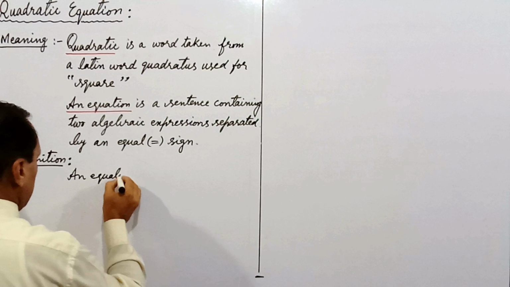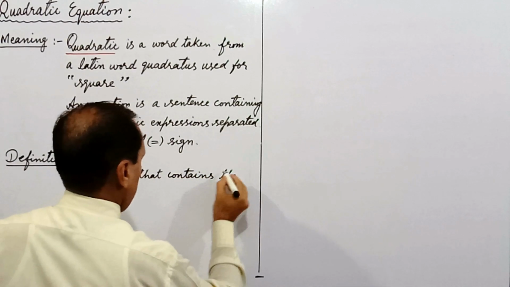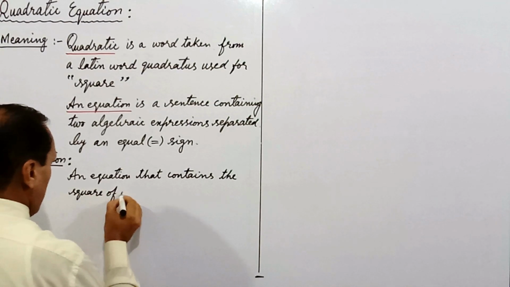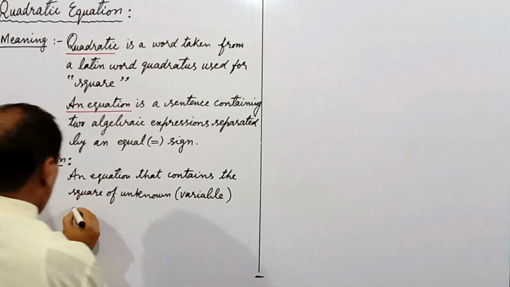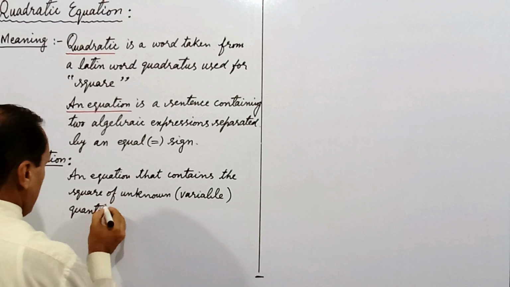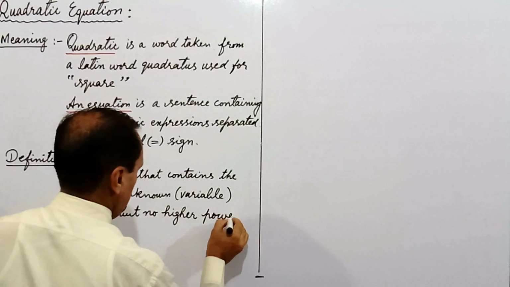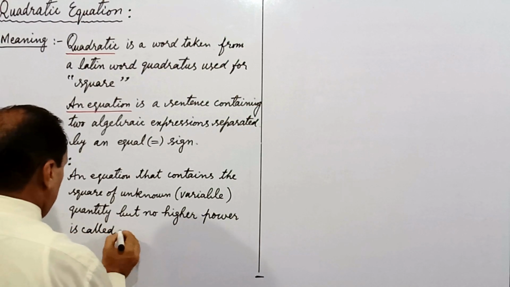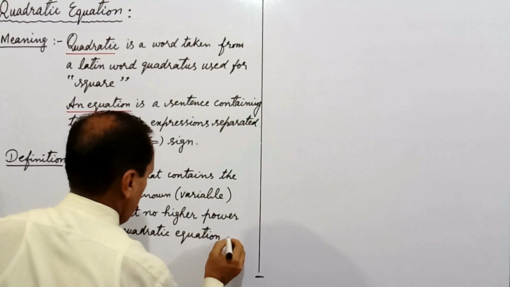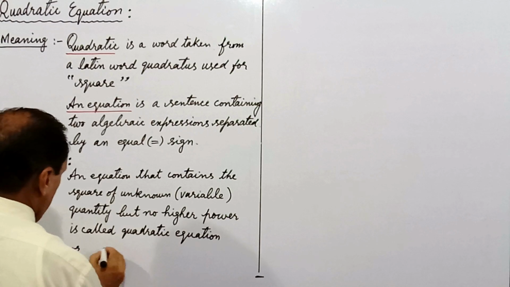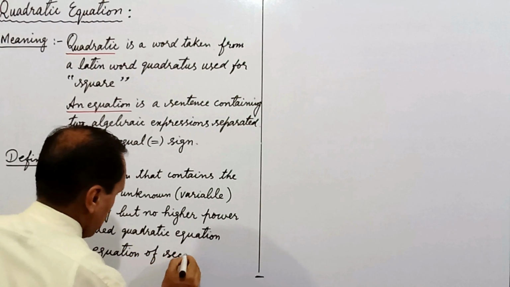An equation that contains the square of an unknown variable quantity but no higher power is called a quadratic equation, or it is also called an equation of second degree.